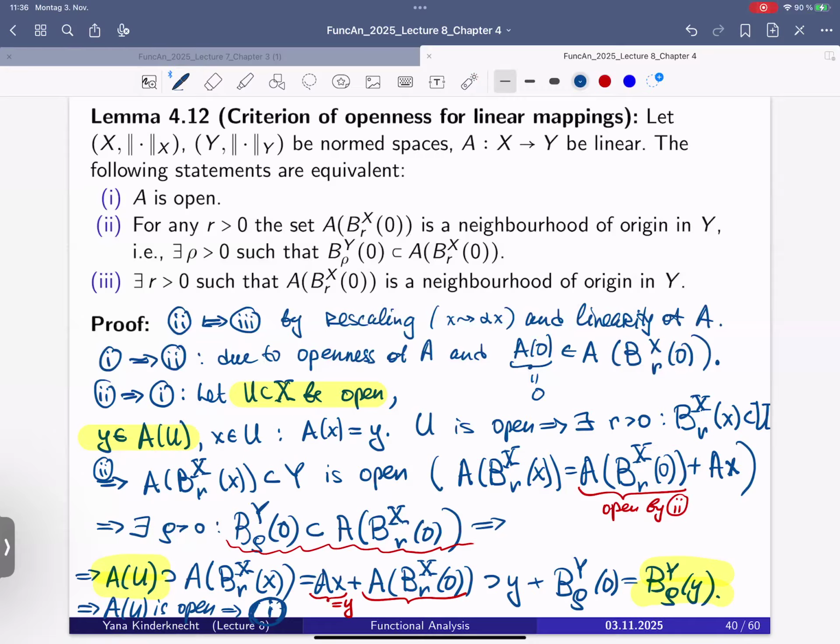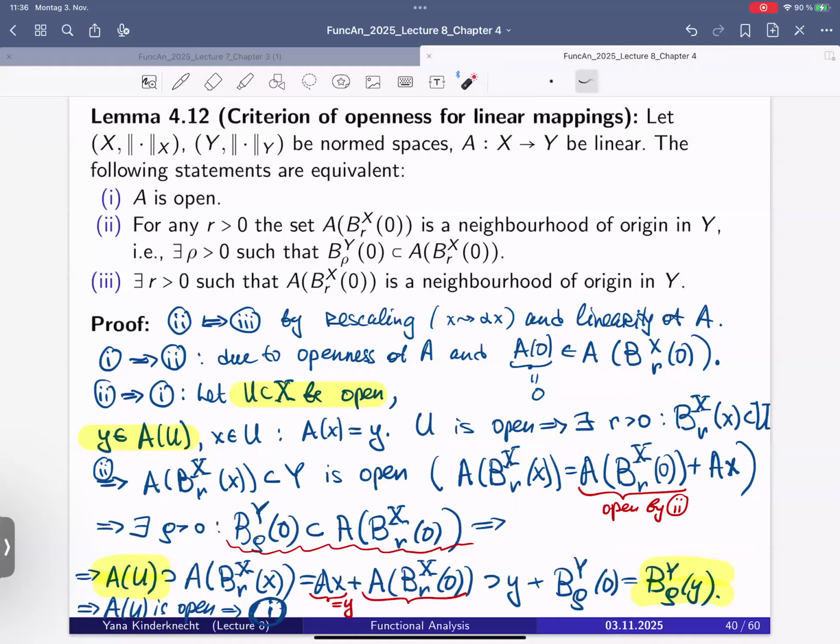Excuse me, can you please explain how we can have that A of B_R(0) is open? So you ask why this is open, yes? Our assumption is, we prove that 2 implies 1, that is, this is our assumption.